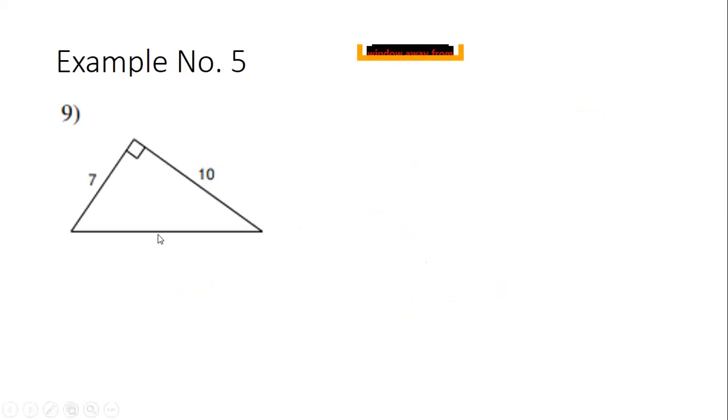Okay, so you're given again hypotenuse. So what are you going to do? Use the formula for Pythagorean theorem. Okay, so C squared, which is equal to A squared plus B squared. Substitute everything on the formula. So this will become C squared, which is equal to 7 squared plus 10 squared.